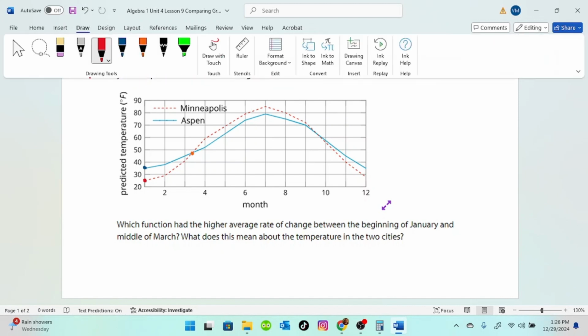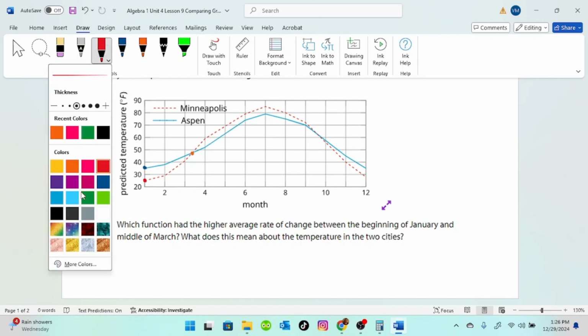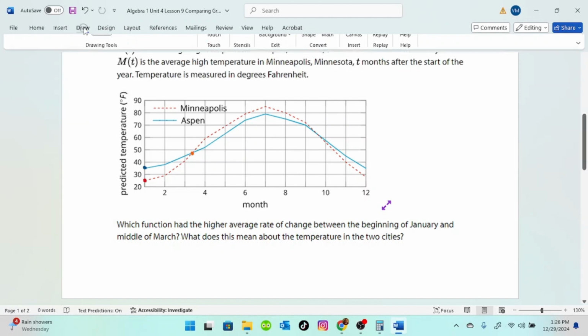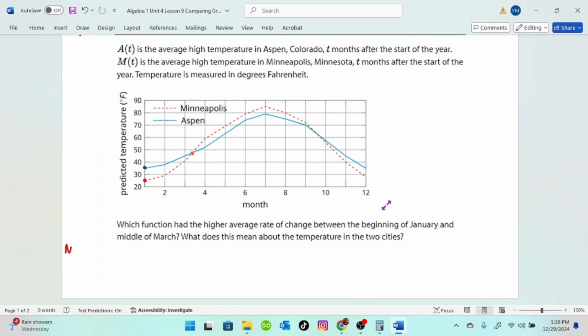So if we're looking at these, then Minneapolis increases, let's say, 23 degrees.